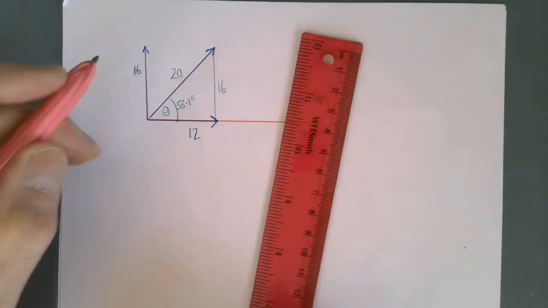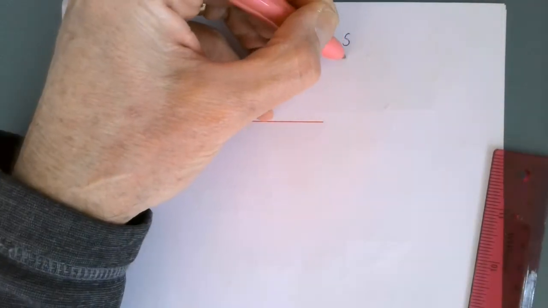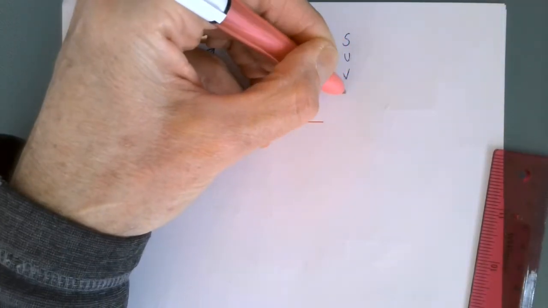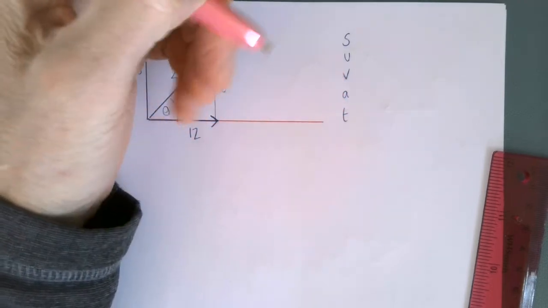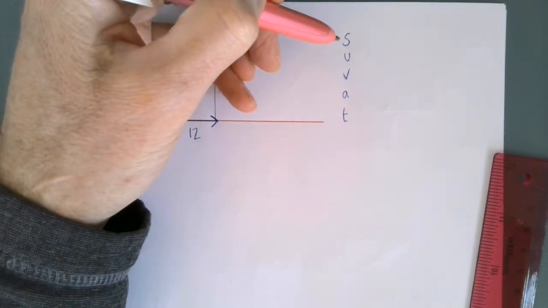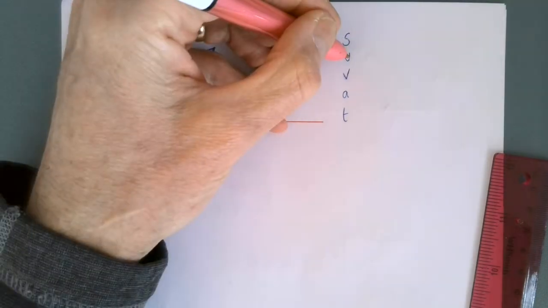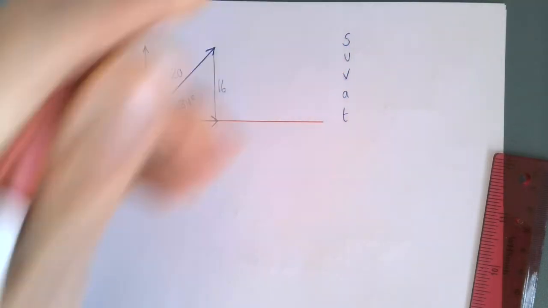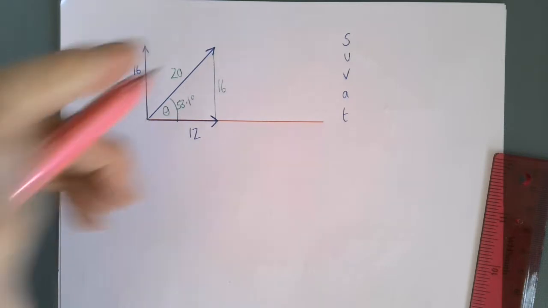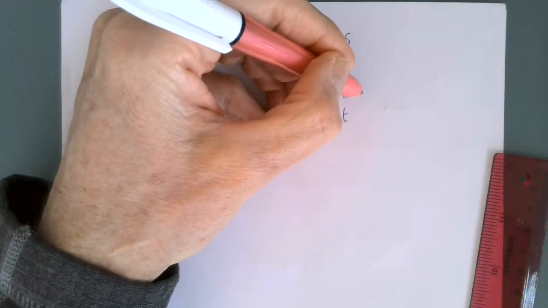So if we have a quick look at Suvat, we know that distance or displacement is a vector. It will have a horizontal and a vertical component. Initial speed and current speed will. Acceleration, yep.